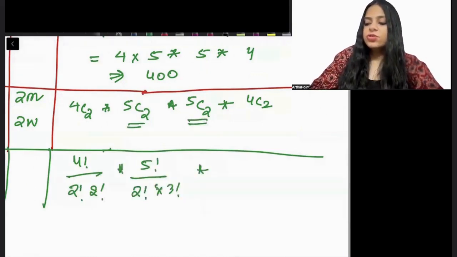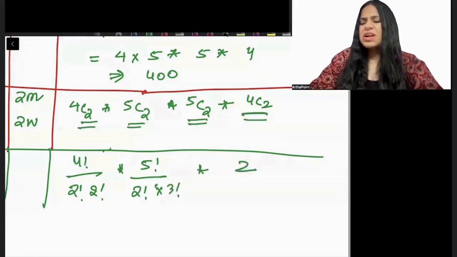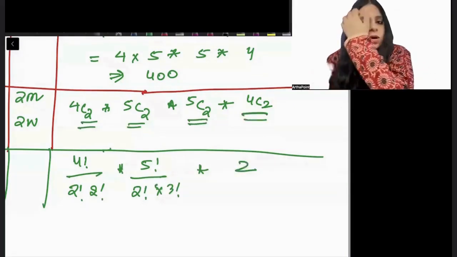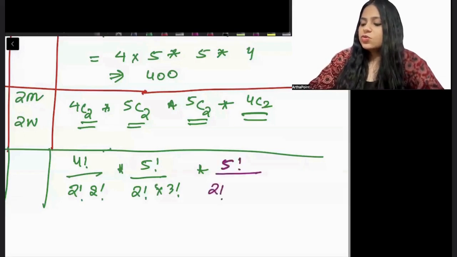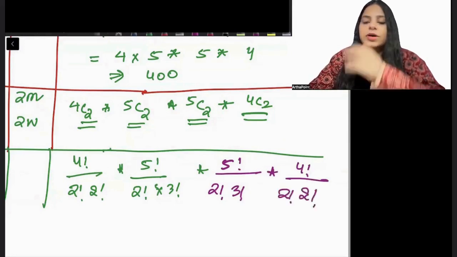And this is just a repetition of this, so I will just multiply it with 2. It's just getting repeated. Even if you don't want to do it, you can just rewrite this thing.